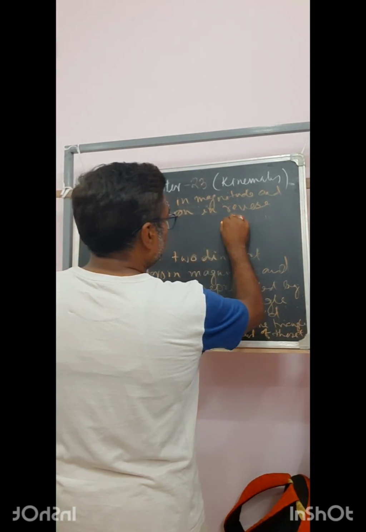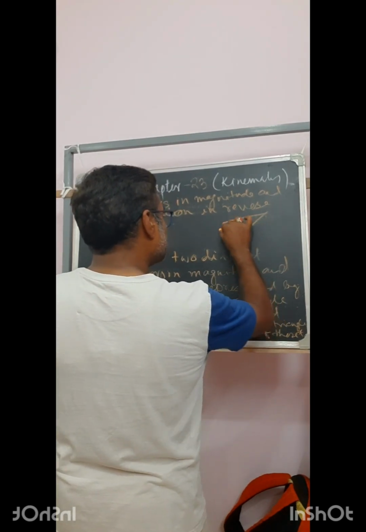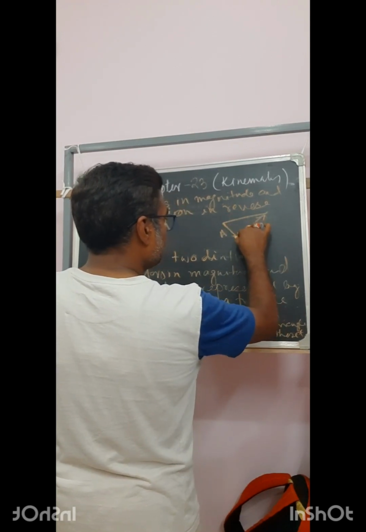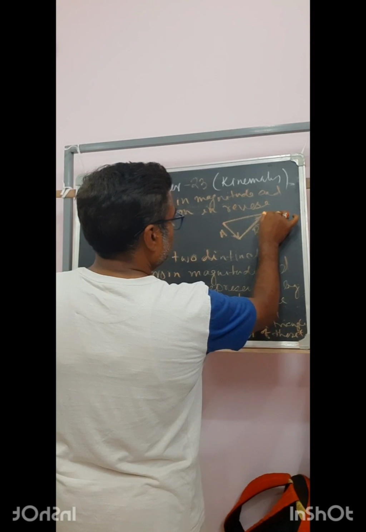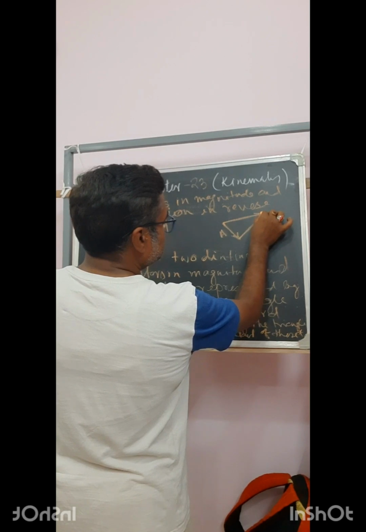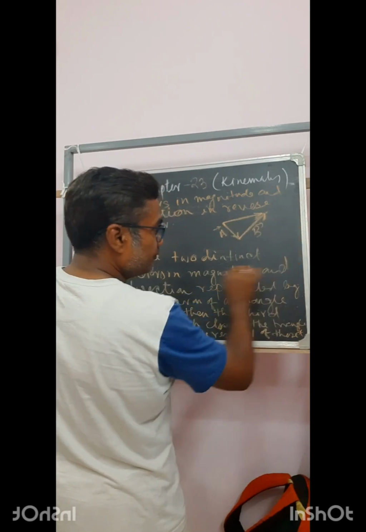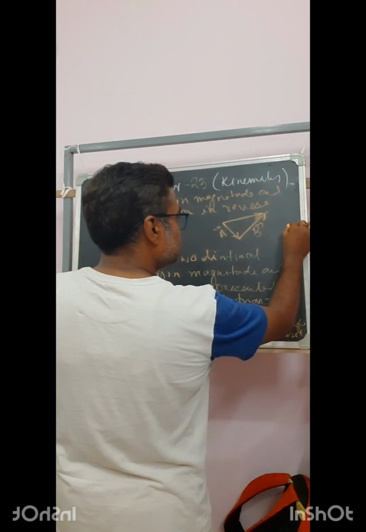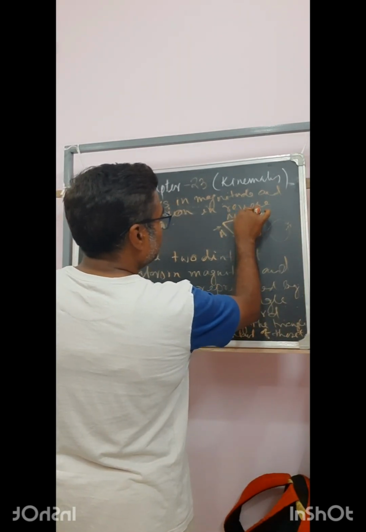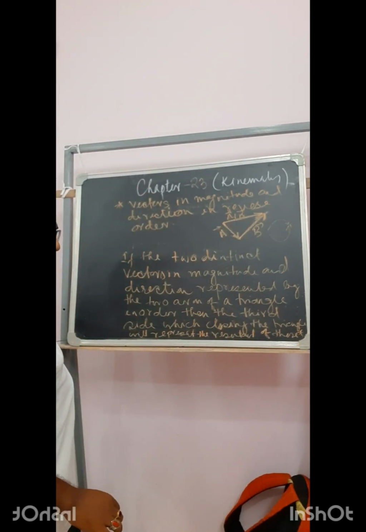So what does it mean? Let's say this is a triangle, and these two sides represent two vectors in order. That means if it is anti-clockwise, the consecutive vector has to be anti-clockwise. Then the third side will represent the resultant of these vectors in reverse order. So this is anti-clockwise, this is clockwise. This is the triangle law of addition.